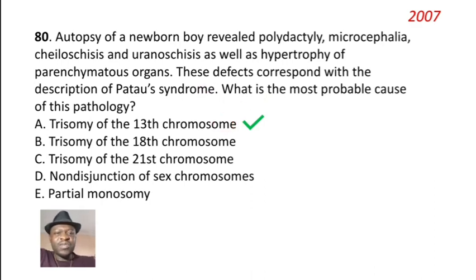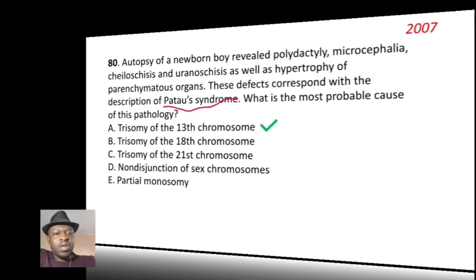Remember I told you guys 13 plus is Patau, 18 plus is Edwards, and 21 is Down syndrome. Non-disjunction, this one is Turner syndrome, this one will be XO. So these answers are wrong. Patau syndrome is 13 plus, so it's trisomy of the 13th chromosome.